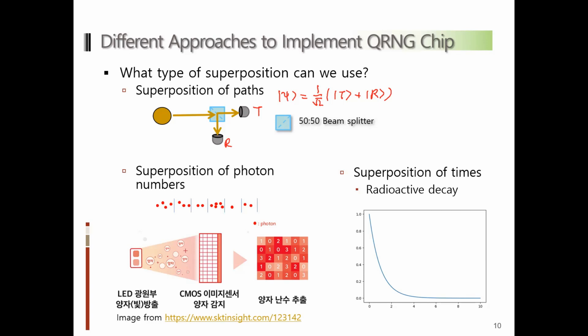In principle, even with laser light, if we assume that we are measuring the number of photons per unit time, then the typical quantum state of such laser light can be expressed as the summation of the one photon, the zero photon, or two photons, and so forth.